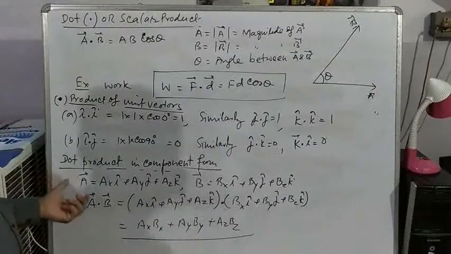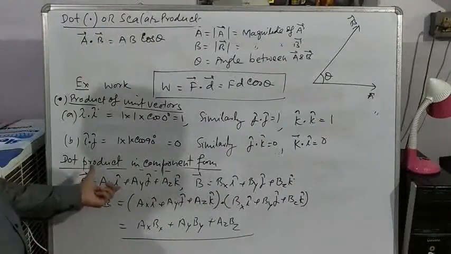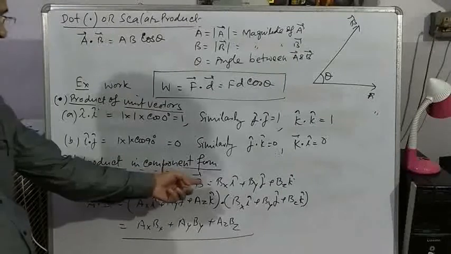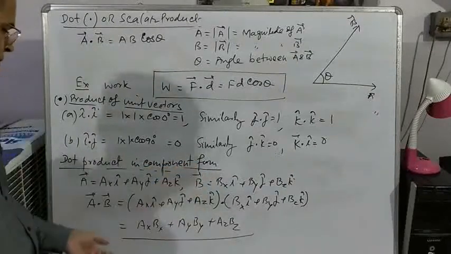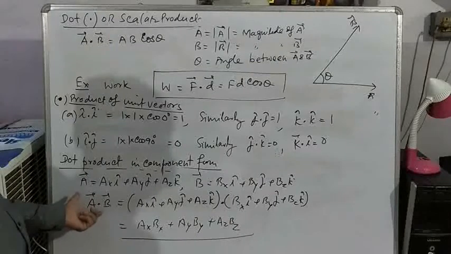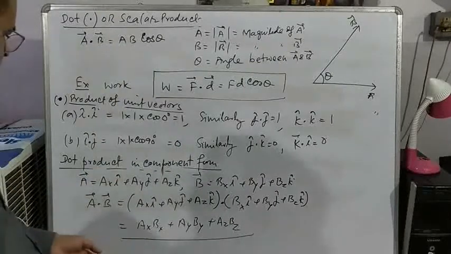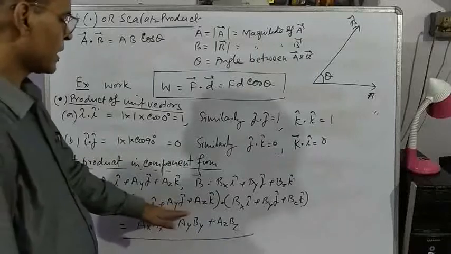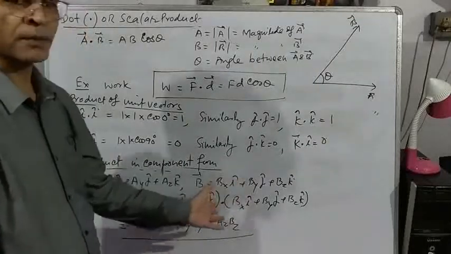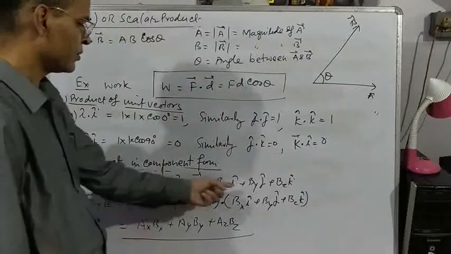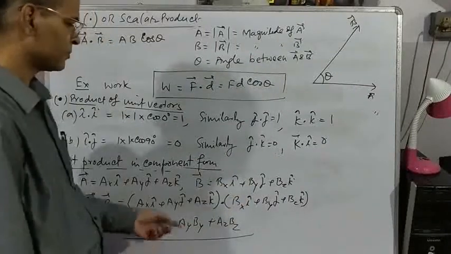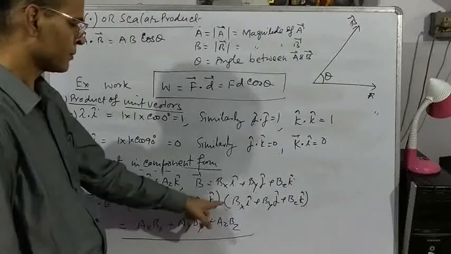Now let us suppose two vectors are given in form of components. A is equal to this and B is equal to this, and you want to know the dot product of these two vectors. So multiplication is done by the simple multiplication method. Each term is multiplied with each term of the second bracket using the dot method.